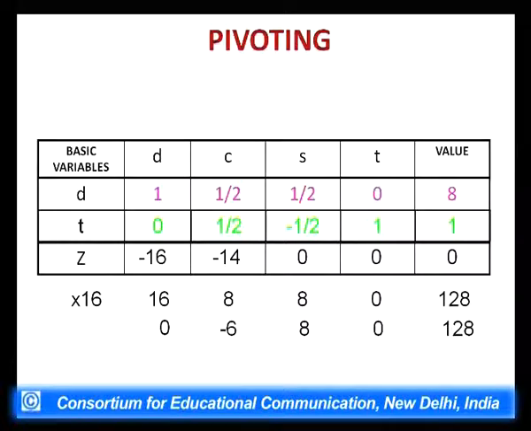Say 16 plus minus 16 is 0, minus 14 plus 8 is minus 6, 0 plus 8 is 8, 0 plus 0 is 0, 128 plus 0 is 128. The final row, the row of the objective function, will be replaced by the values 0, minus 6, 8, 0 and 128. Just look at the slide to see how these are changed.